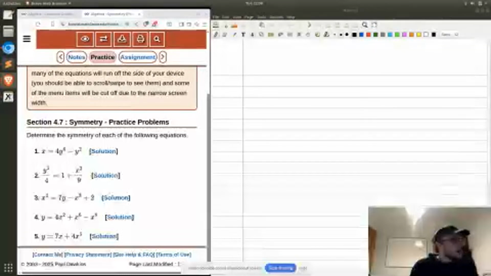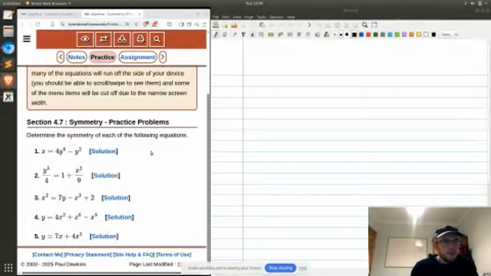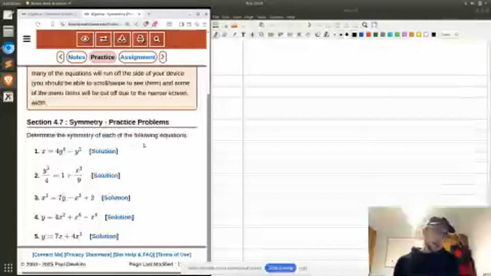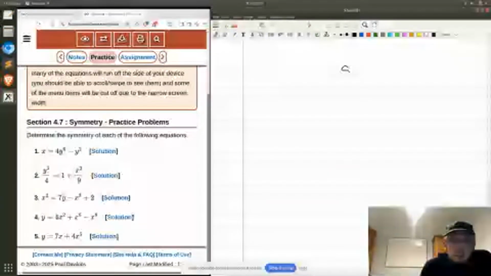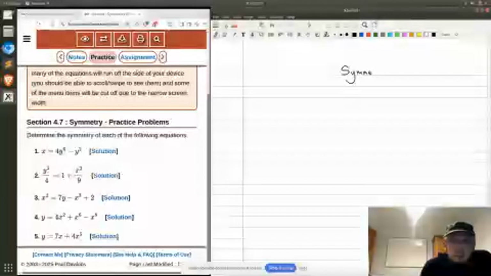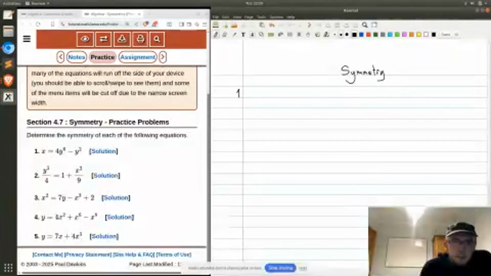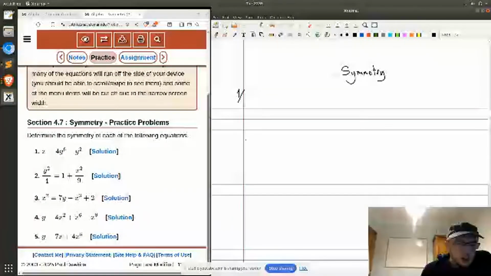Now I will be thinking about symmetry. Determine the symmetry of each of the following equations. Okay, so how to do that?